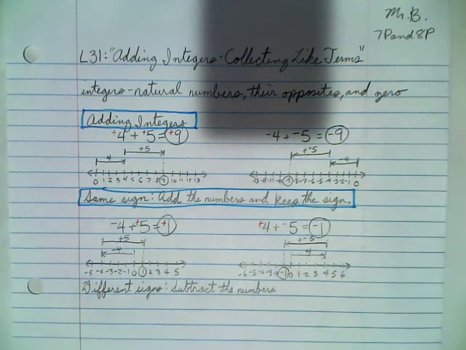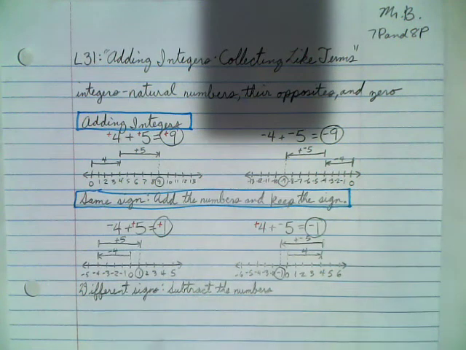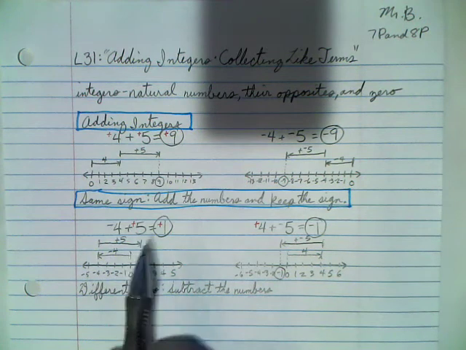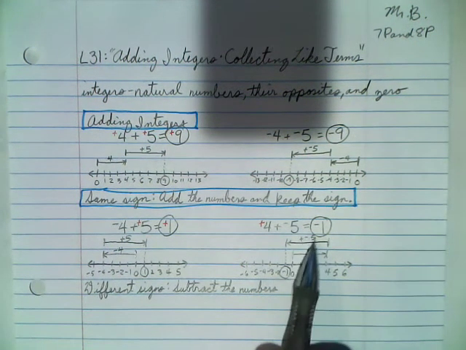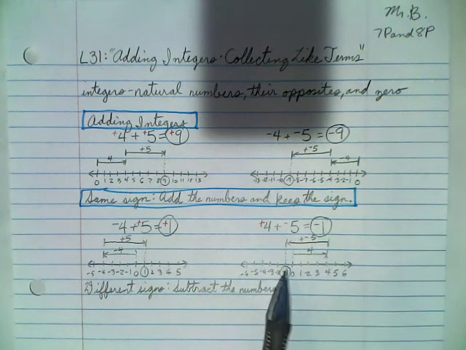Well, if you consider the relationship between 4 and 5, 5 is bigger. So it would seem here, and if we look at the arrows, we can see it too, that the number with the larger arrow is going to win. You're going to end up on its side of the number line. So if the positive number has a bigger arrow, you're going to end up on the positive side of 0. If the larger number is negative, you're going to end up on the negative side of 0.